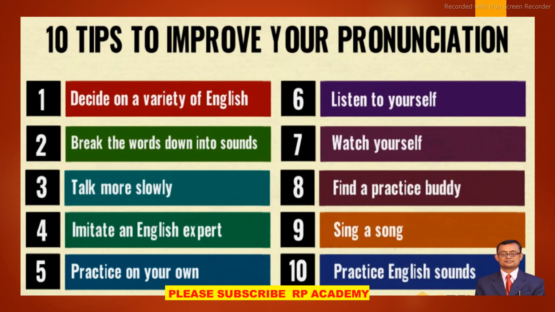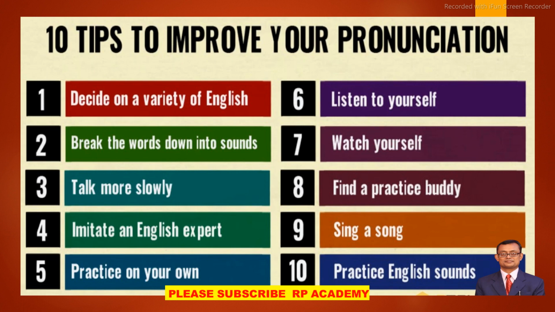It is very difficult to follow all the varieties. So I am suggesting you to follow only a single variety of English. It may be American, it may be British English.